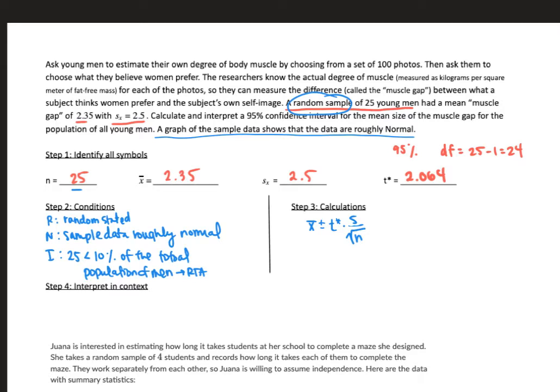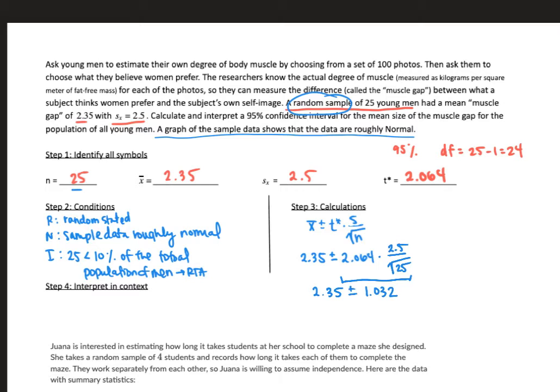Well, x bar is 2.35, plus or minus t star, 2.064, times our standard deviation, so 2.5 over the square root of n, 25. So this is our margin of error, and we put that in our calculator. 2.064 times 2.5 over the square root of 25, we get about 1.032. There's our margin of error.